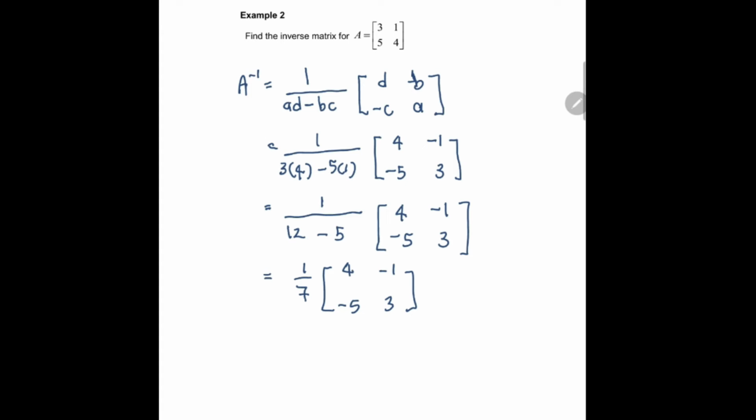And lastly, you need to multiply all the elements in the matrix with the figure in front here. So it will be 4 over 7, negative 1 over 7, negative 5 over 7, and 3 over 7. That's how you get the inverse of matrix A.